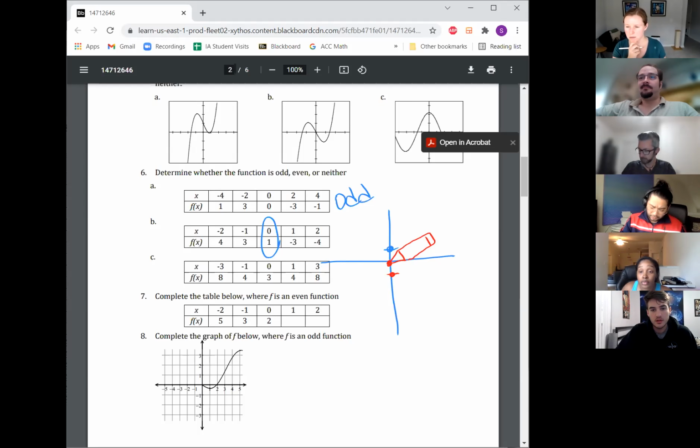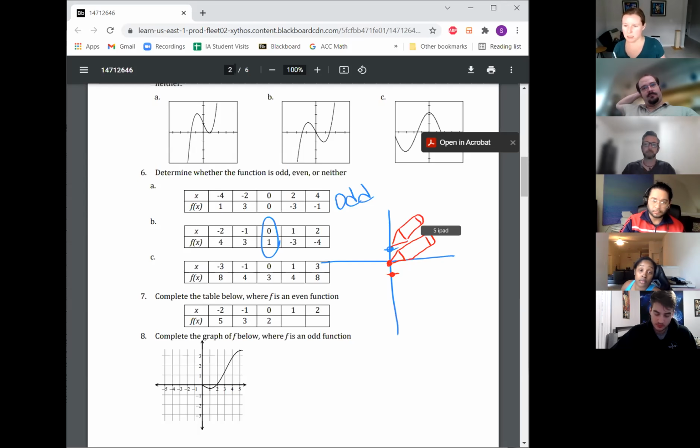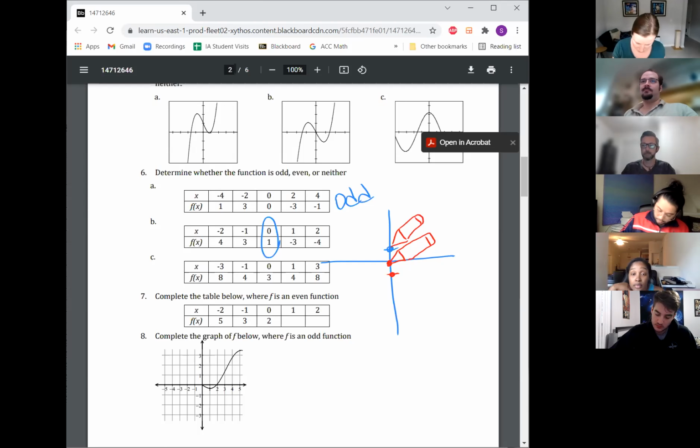Do odds always land on the 0, 0? The origin? You always spin on the 0, 0 for odd. Okay. Yep, that's where I see your pencil goes. Now, if you were saying I can put my pencil here, then yeah, you could put your pencil there and spin it, but that's not what odd is. Odd has got to be on the origin. Okay.